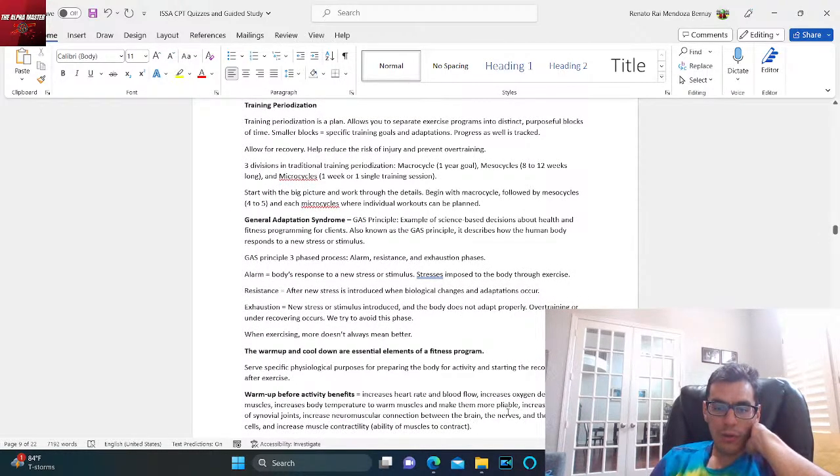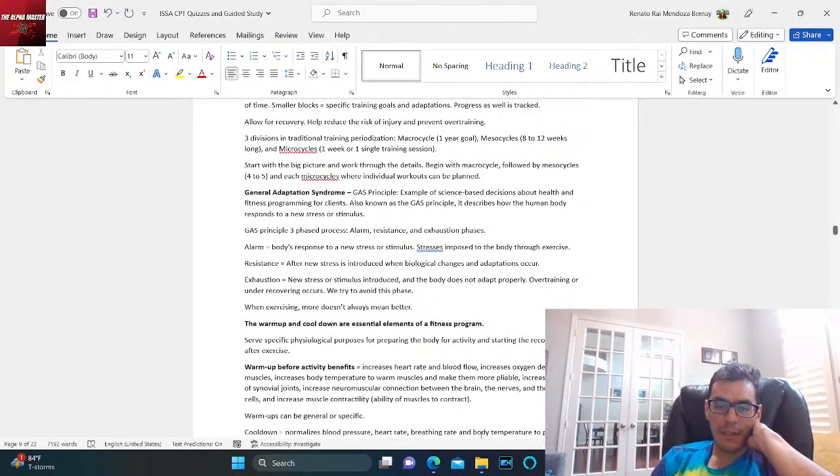It also increases muscle contractility, the ability of muscles to contract. Warm-ups can be general or specific.